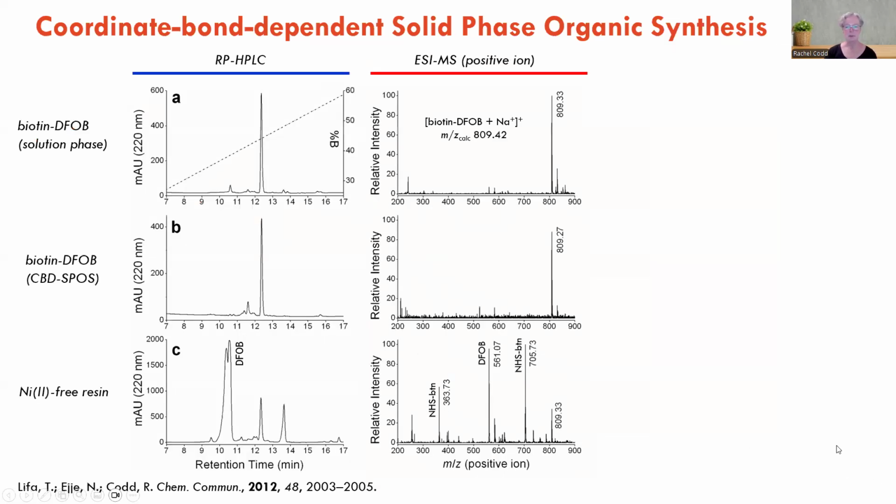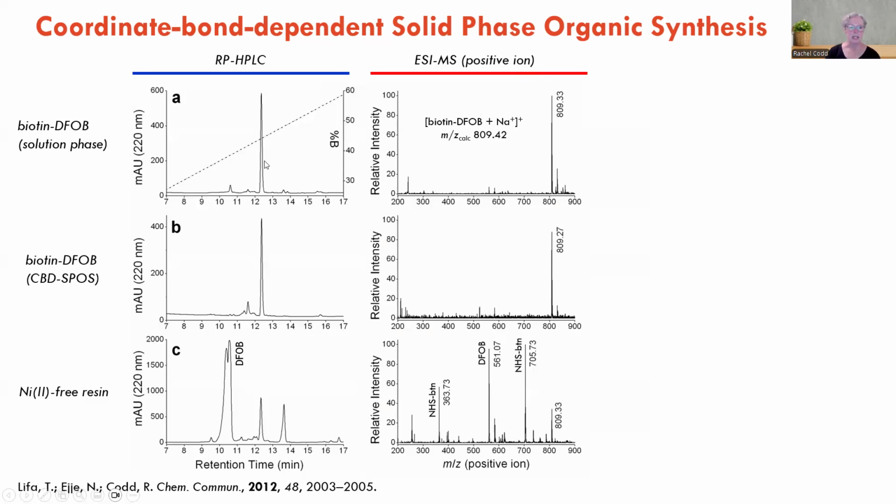In terms of looking at the purity of the biotinylated desferrioxamine B, what we've done here on the left-hand side is a reverse phase HPLC. On the right-hand side is electrospray ionization mass spectrometry. We're looking at positive ions.